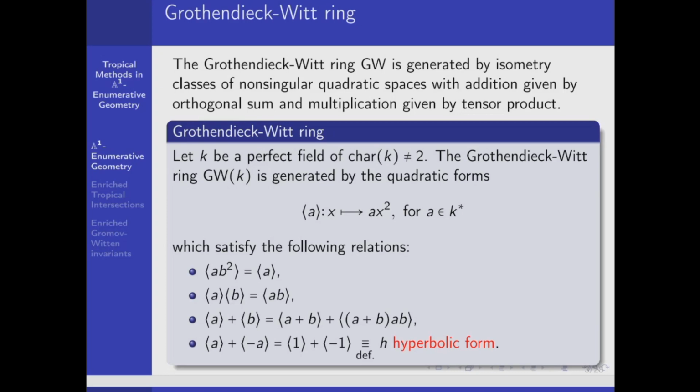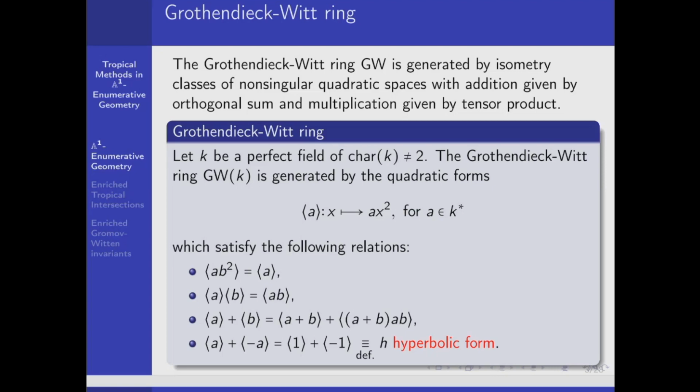So what is this Grothendieck ring? It is the ring of isometry classes of non-singular quadratic spaces. That is just quadratic forms up to isometry. Of course, we take non-degenerate ones. And we have a presentation that is very nice.